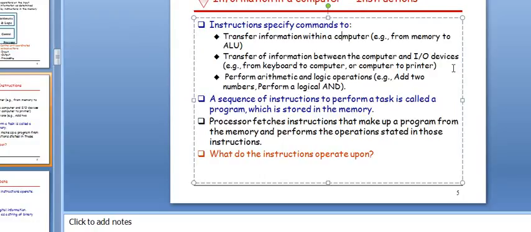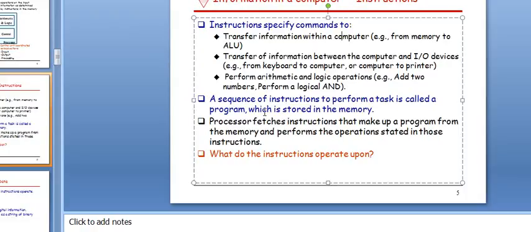And next one is information in a computer instruction, meaning what information our computer instruction is carrying. It is related to the memory part, where instructions and data are stored.